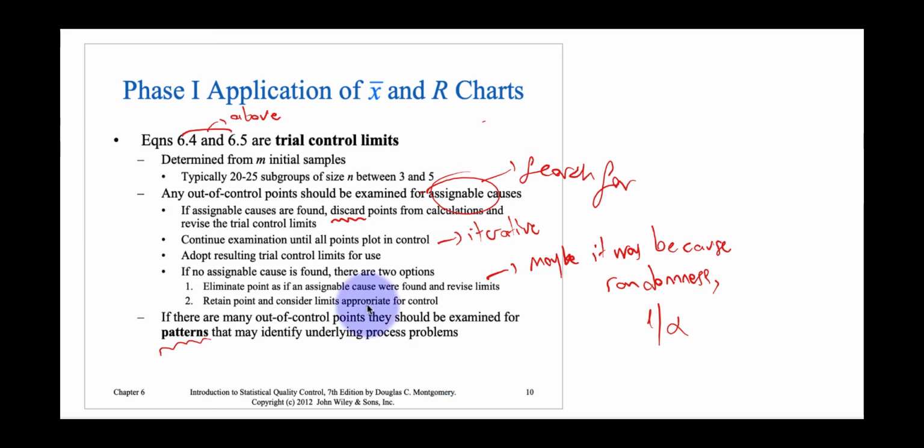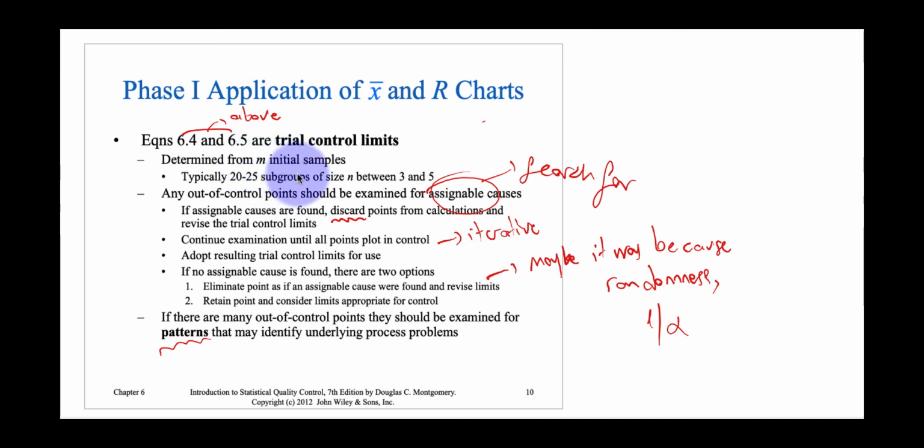And this is phase 1 of using the control charts, okay? In this phase, we are going to find the trial control limits, and they can be found by an iterative approach. We are going to take, firstly, a certain number of subgroups.